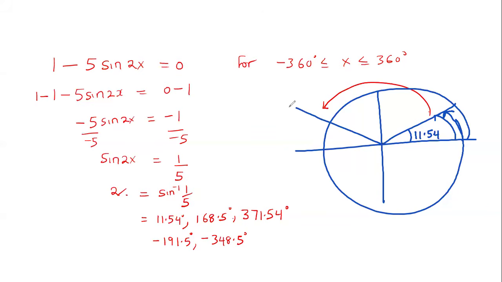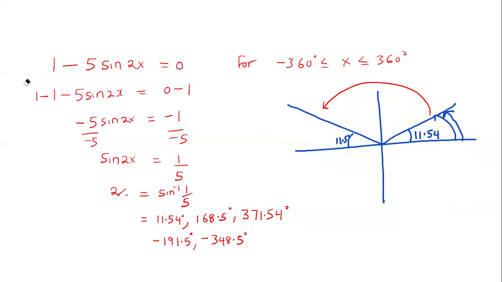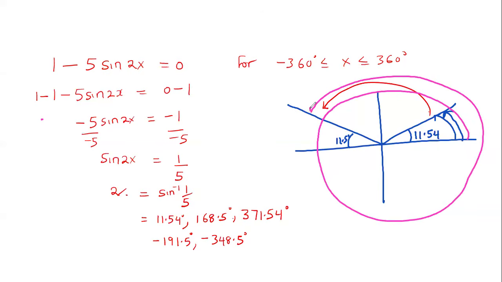Then we come to this one here. If we move again, this was the first movement, right? But we can make another revolution and we come back here. How many degrees are those?